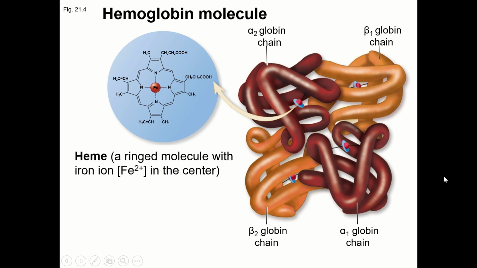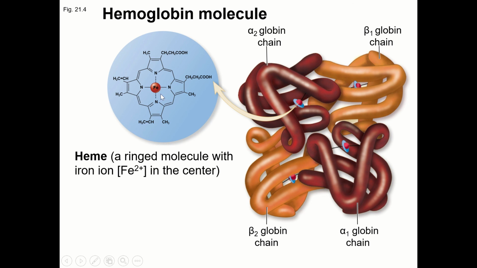All right, so within each of the red blood cells, there is a molecule called hemoglobin. Hemoglobin is a 4-part molecule. It is a giant protein made out of 4 proteins. And within the center of each of those is a heme, which is this thing here, a molecule with a space at the center for an iron ion.